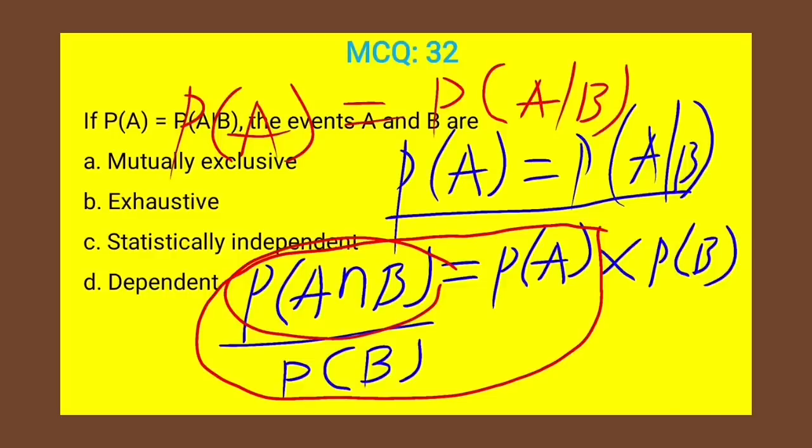So if this condition is satisfied by two events, then such events are statistically independent. So that's what we mean by statistically independent events. So the answer is C in that case. They're not dependent in that case. So let's take note. C.